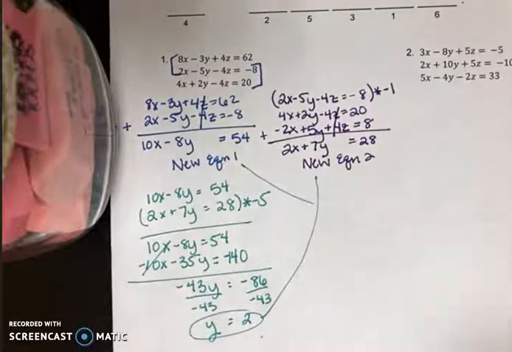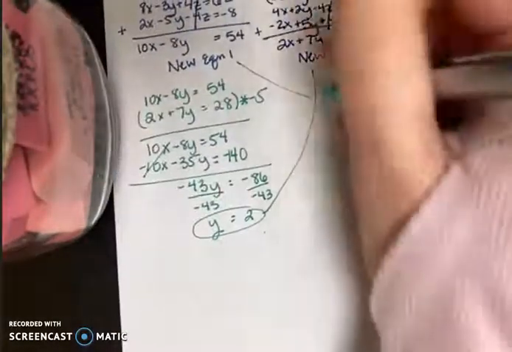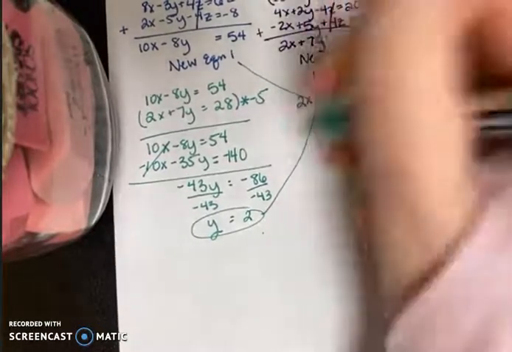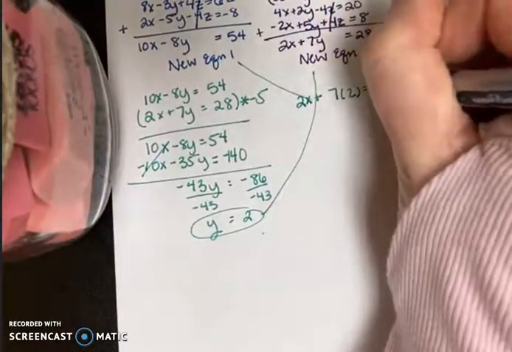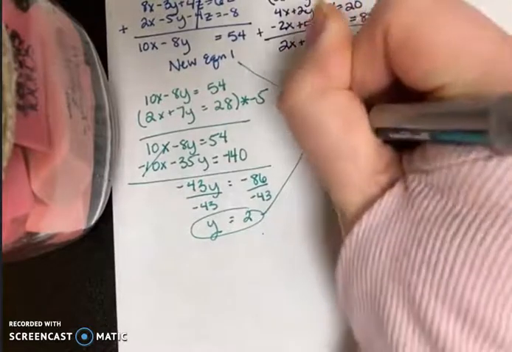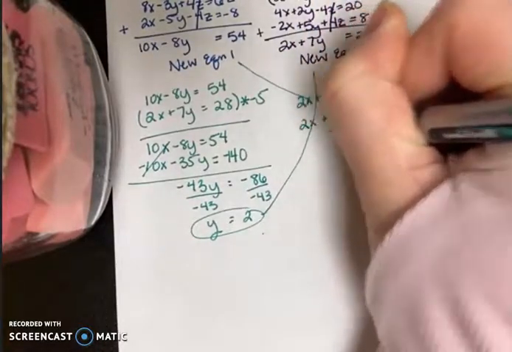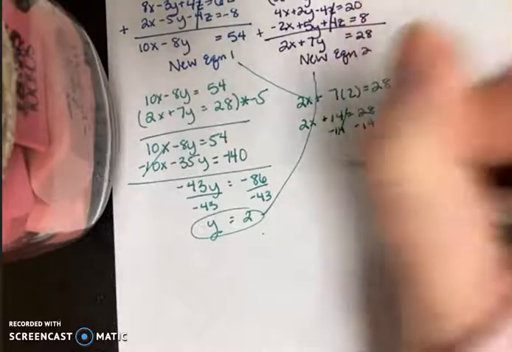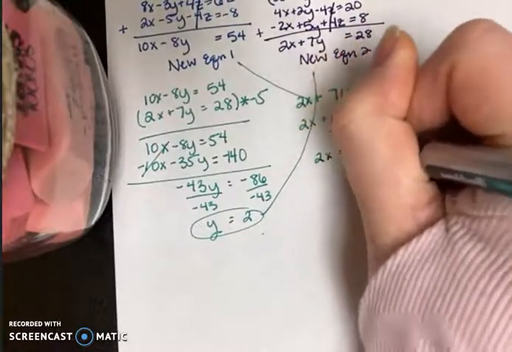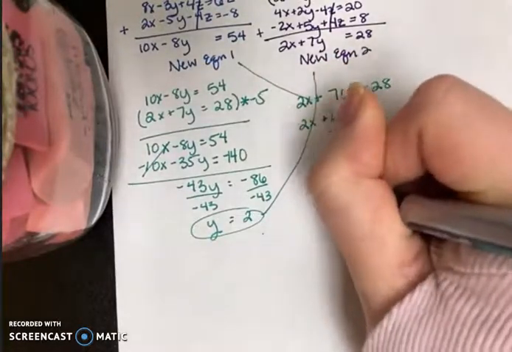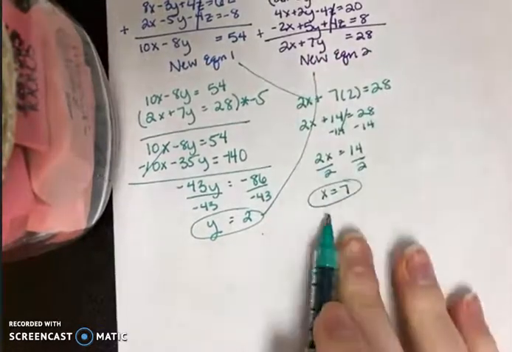So 2x plus 7 times y, which is 2, equals 28. That gives me 2x plus 14 equals 28. Subtract 14 on each side. 2x equals 14. Divide by 2. X equals 7.